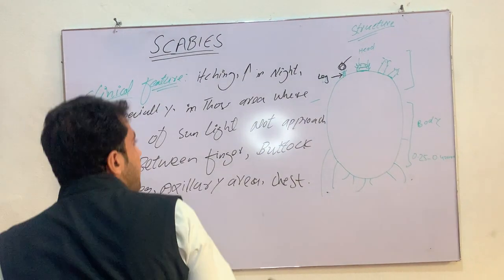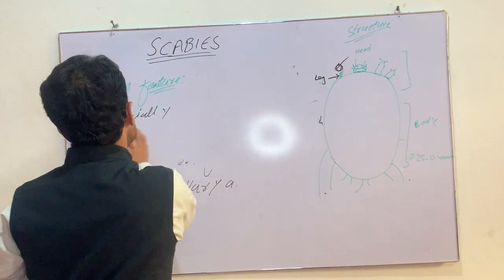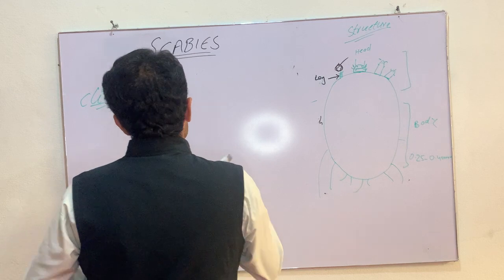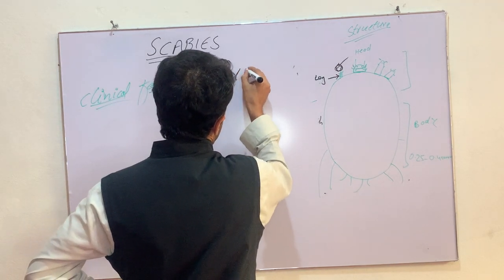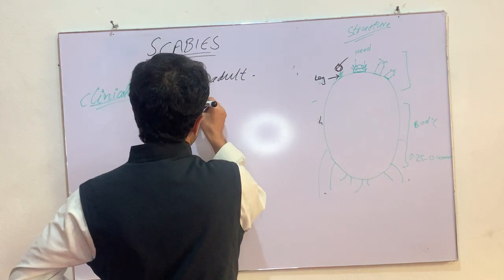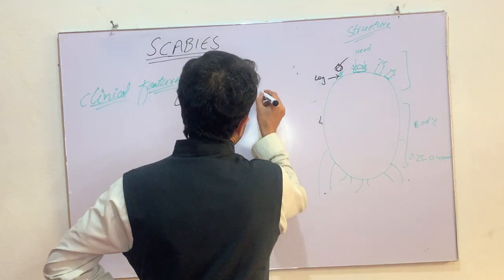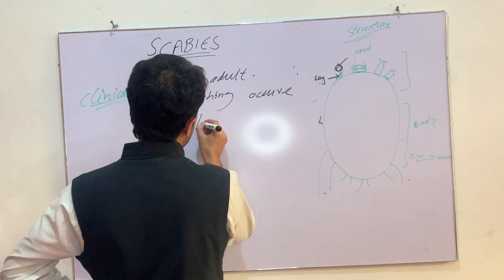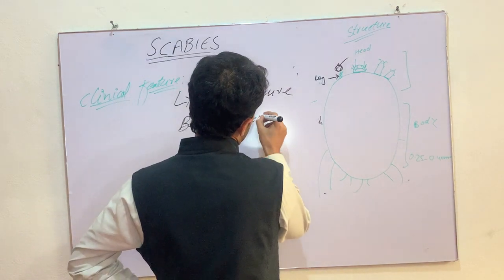And the difference between adults and children: in adults, itching occurs below the head and neck.